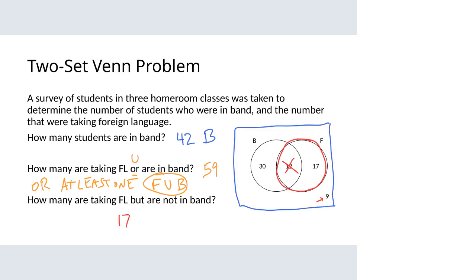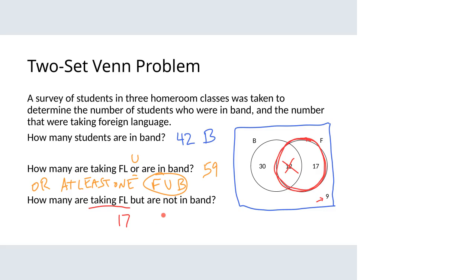These 9 over here, they're not in band, problem is, they're not taking foreign language, so we don't want to count them. You're right. If I said how many are not taking band, the answer would be 26. But if it says how many are taking foreign language but are not in band, we need to make sure they're inside this circle and outside of B.